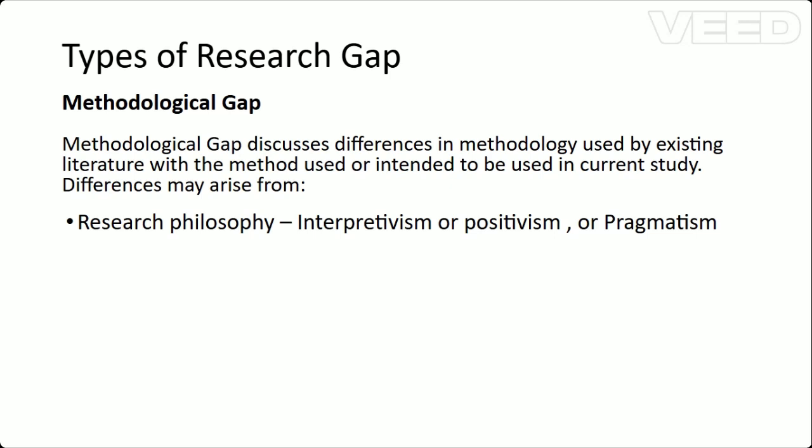Unless all researchers have covered the same topic with the same method, then there's no gap there. But if, for example, your literature review indicates that all researchers on that particular topic focused only on interpretivism, then there's a gap of positivism and pragmatism.